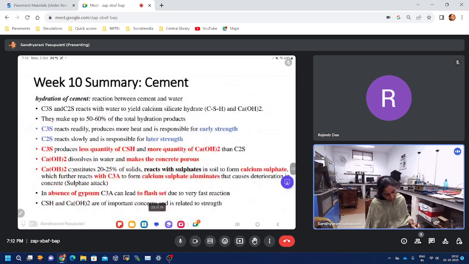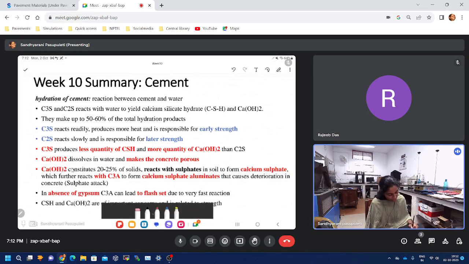The main use of C3S and C2S, which are present from the kiln stage, is this: whenever I add water, the dicalcium and tricalcium silicates react with water, and at the end they produce a gel called calcium silicate hydrate gel, CSH gel. This gel is extremely important to obtain the required strength of the cement.